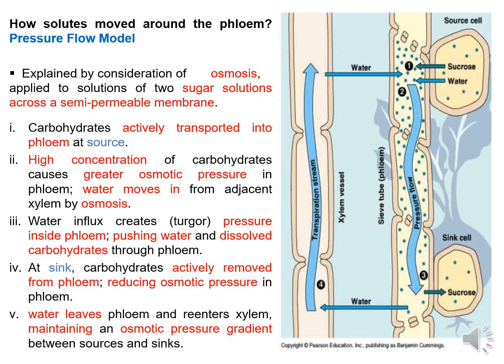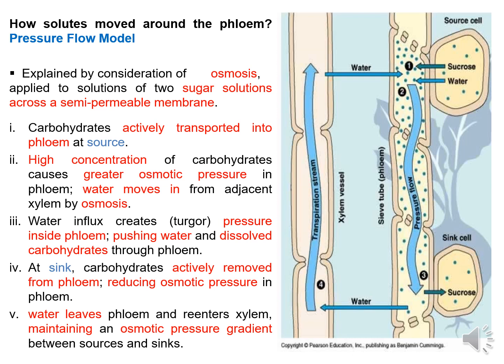This model of pressure flow, to show the mechanism of how solutes move around the phloem, can be explained by consideration of osmotic motion applied to two sugar solutions across a semi-permeable membrane.